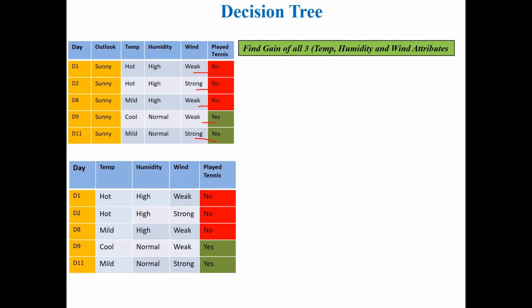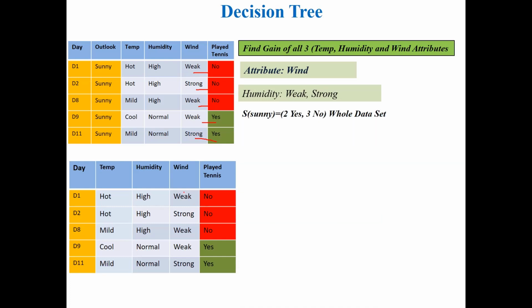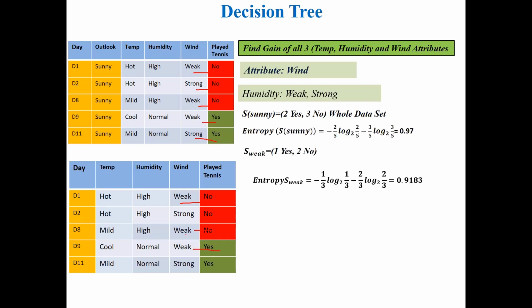Similarly, we have to find it for the wind example. For wind, two values: weak and strong. Out of 3 weak, 2 are no and only 1 is yes, 1 is positive. So entropy of S weak is equal to 0.9183. Similarly, we can find the entropy of strong, and for strong 1 no and 1 yes is there, so entropy will be 1.